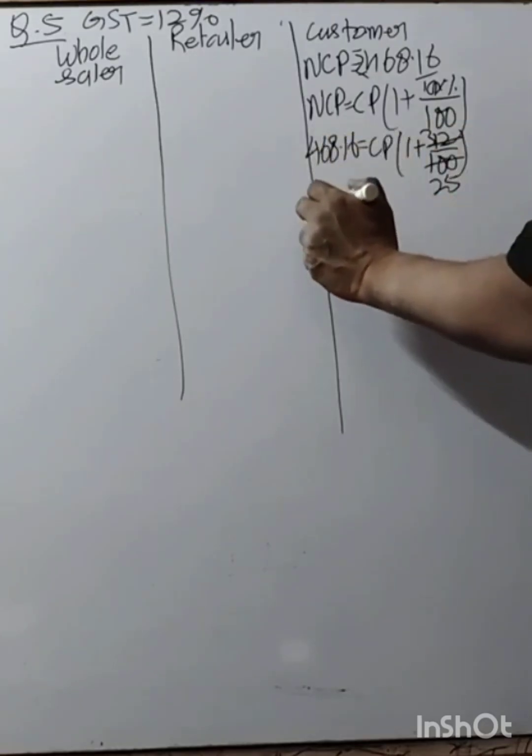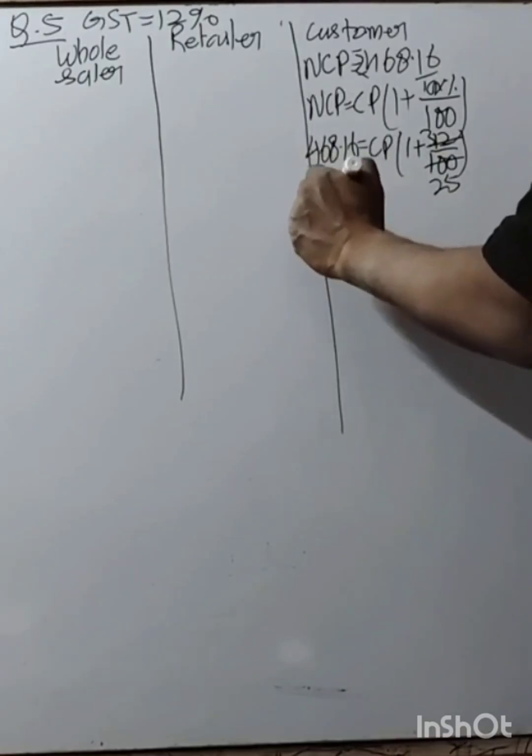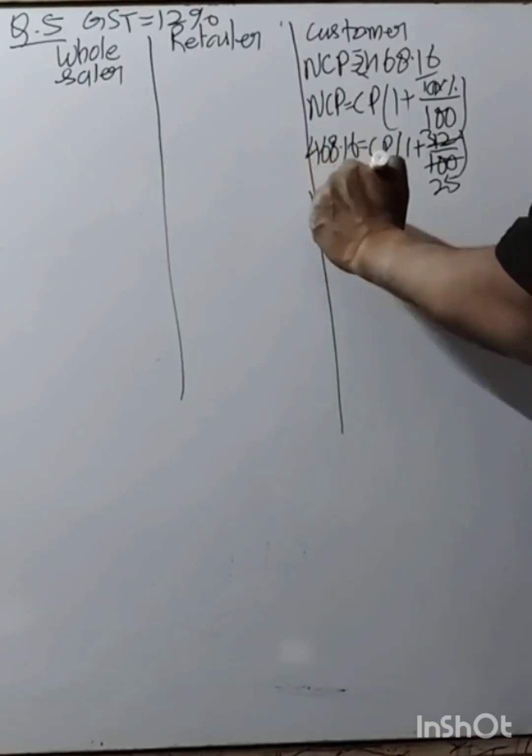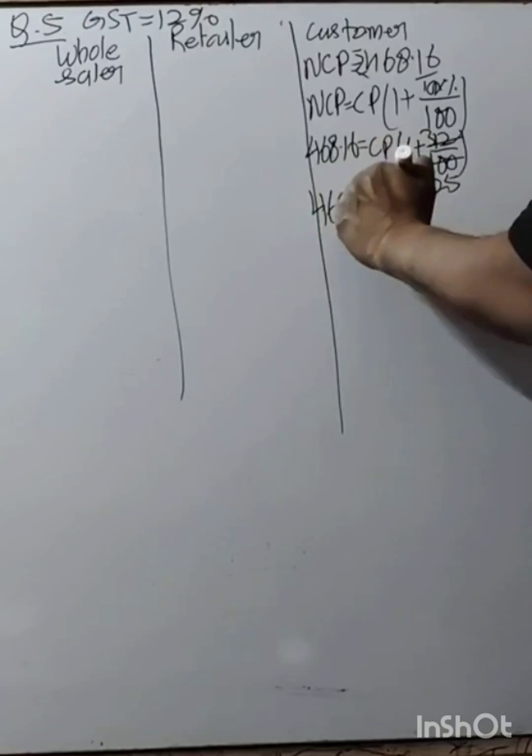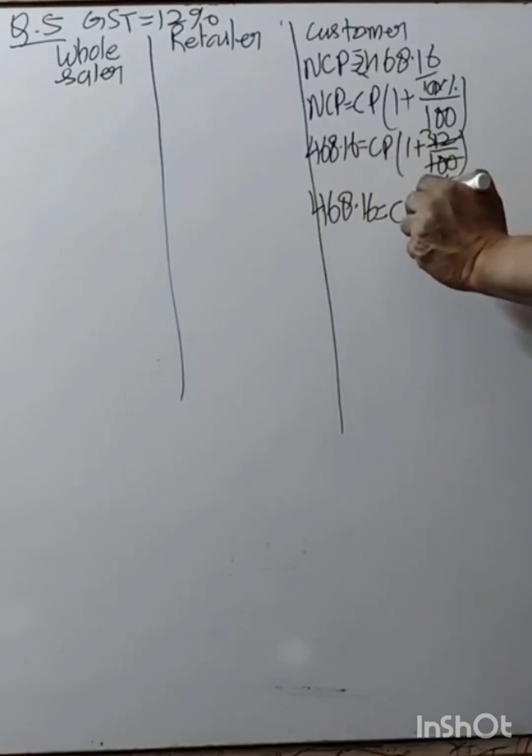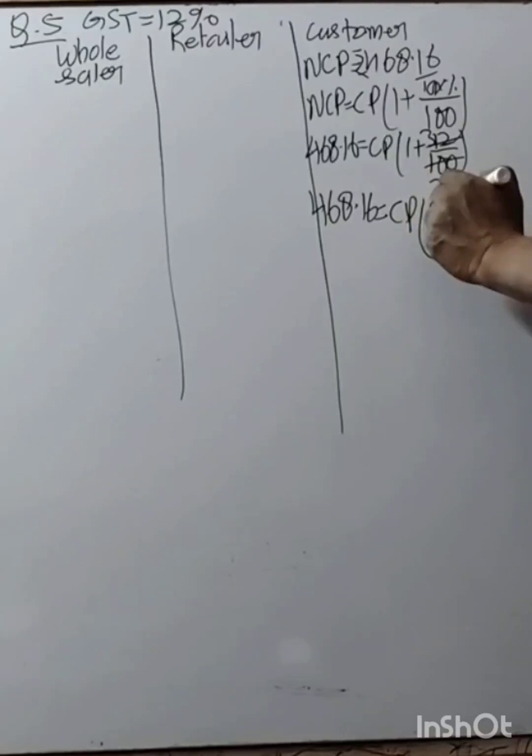So you get 468.16 is equal to CP times 28 upon 25.